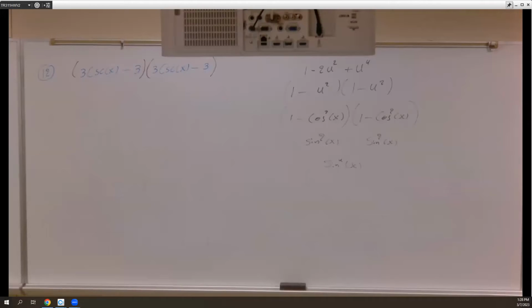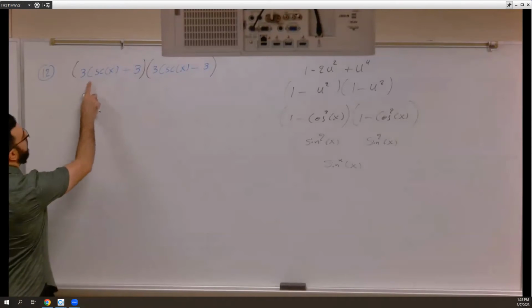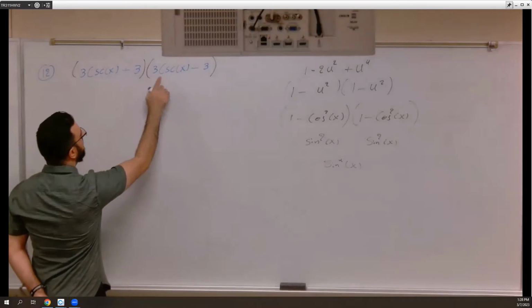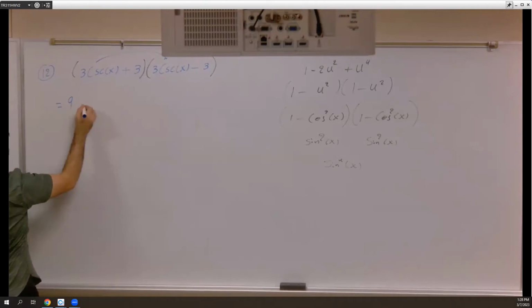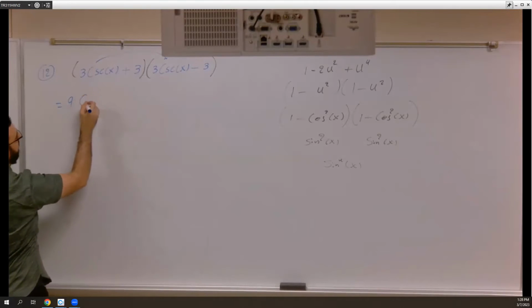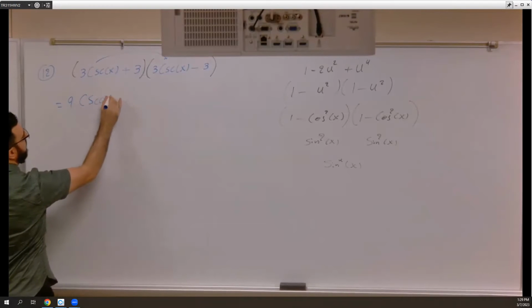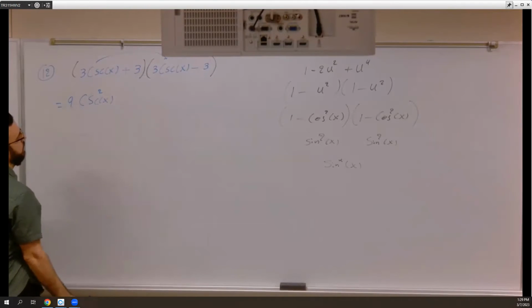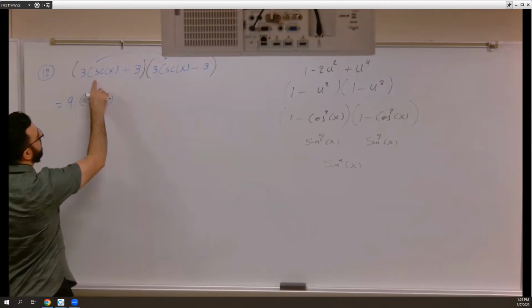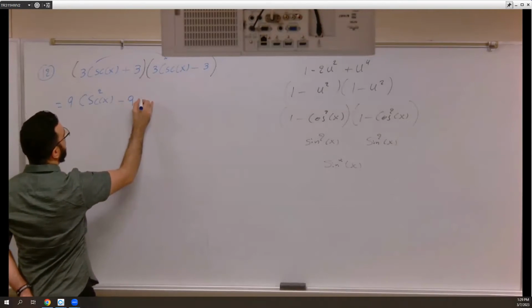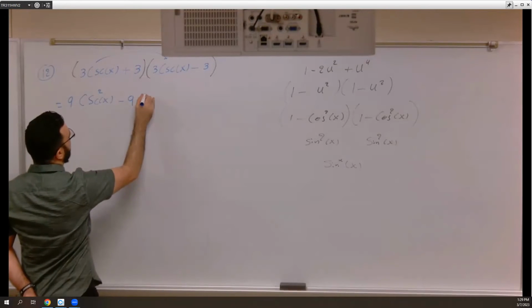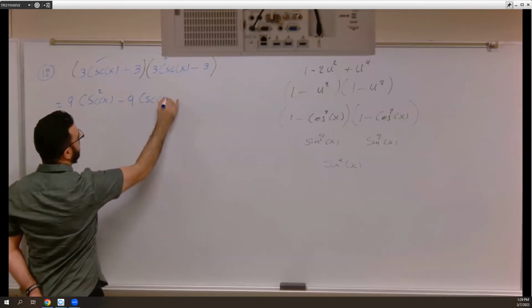We can say, okay, then distribute these two parentheses. 3 cosecant x times 3 cosecant x is going to be 9 cosecant square x. 3 cosecant x times negative 3 is negative 9 cosecant x.